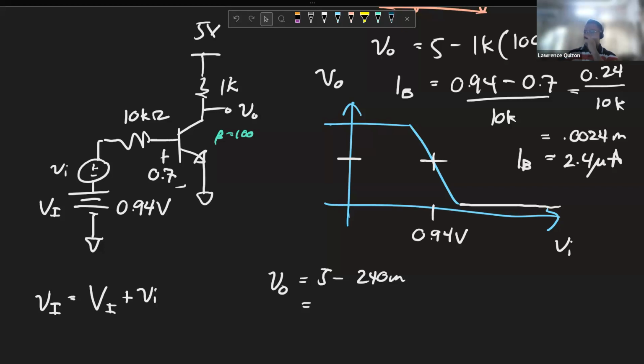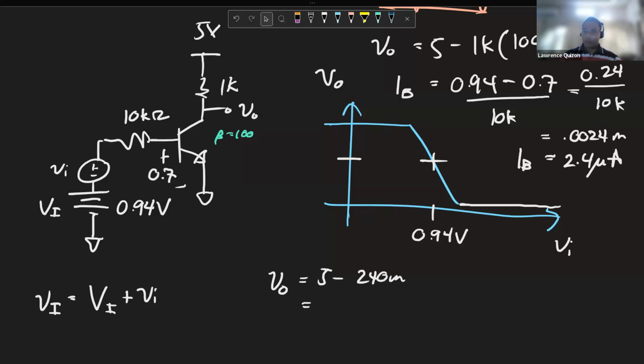Biglang, there's something wrong with our math here probably. Sige, let me just pull out a calculator na. I'm also trying to do that.